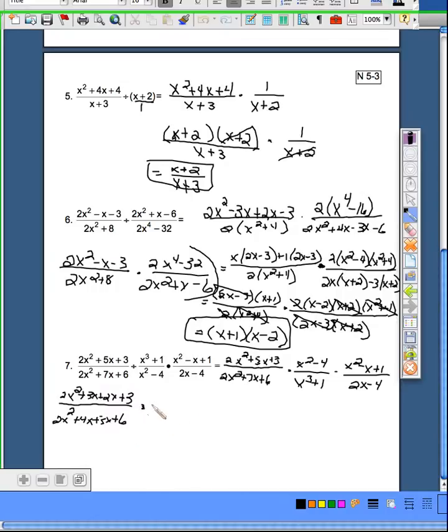The next one we can factor easily. It's a difference of squares. That's x minus 2 times x plus 2. The bottom one is a sum of cubes, where a is x and b is 1. So we have x plus 1 times x squared minus x plus 1.